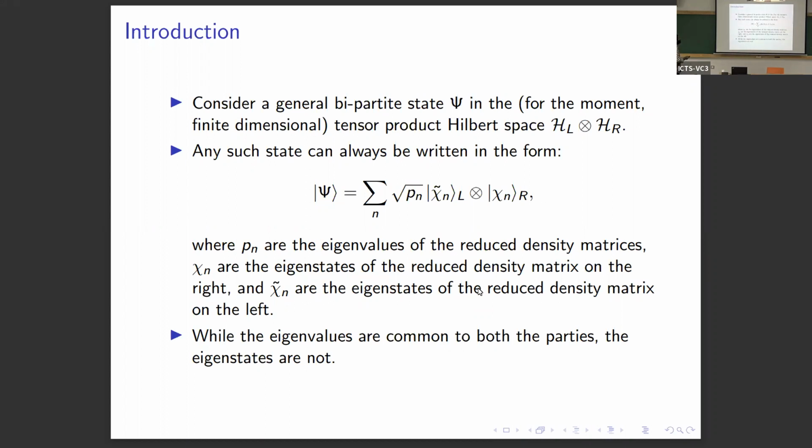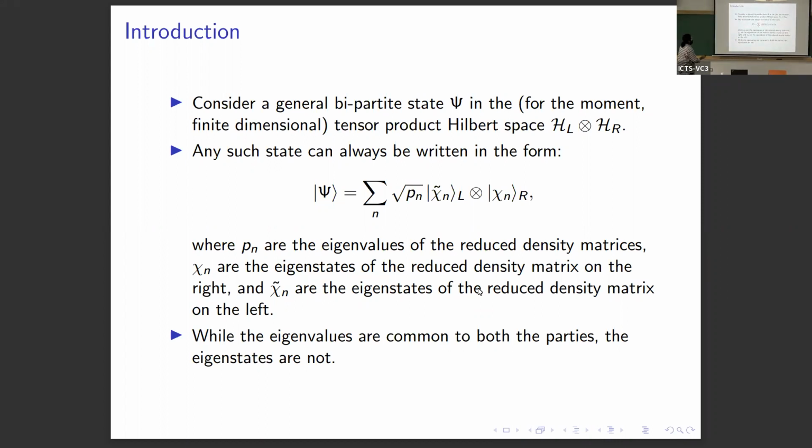Of course, any such state can always be written in what is called a Schmidt form, where you have some numbers, square root of p sub n, and then the vectors that you're seeing on the two sides are labeled by the same index n. They're not the same vectors. One of them are chi-n's, the others are labeled chi-tildes. So they're obviously some set of orthonormal states in these Hilbert spaces. They're different Hilbert spaces. They're not the same vectors.